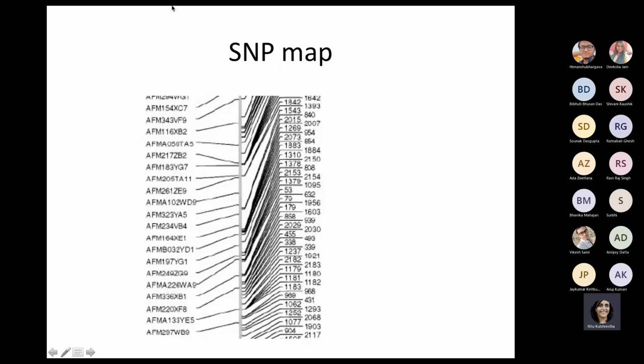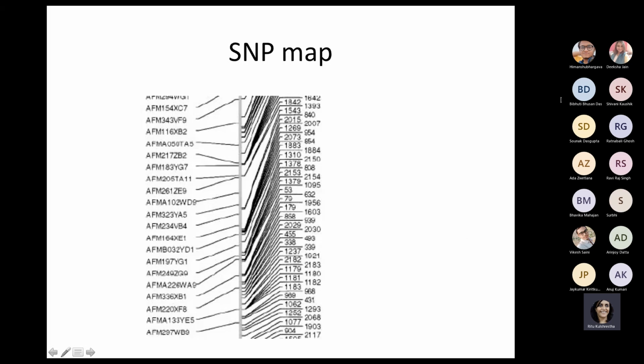So SNPs are also randomly distributed throughout the genome. They can be present in any DNA region: in the promoter, in an intron, in an exon, in an untranslated region, anywhere in the genome. And on the basis of SNPs also, a map has been generated.